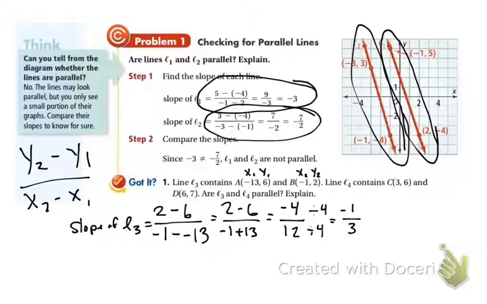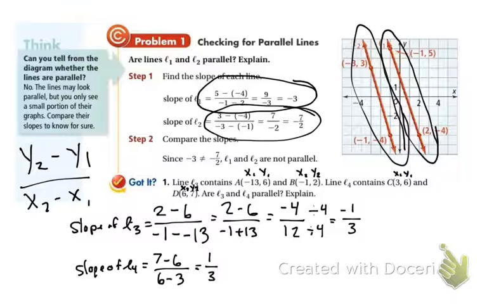And then I'll do the same thing for line 4. So I'm going to make this one x1, y1. And I'll make this guy x2, y2. So the slope of L4 is my y2, 7, minus my y1, 6, over my x2, 6, minus my x1, 3. 7 minus 6 is 1. 6 minus 3 is 3, so my slope is 1/3.